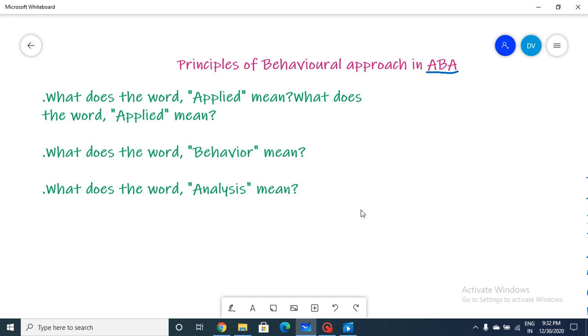So ABA: A is application. Behavior is something which we can observe or do. Analysis here means analyzing that behavior, what is happening in front of us, what we are observing. Analysis may be direct or indirect.